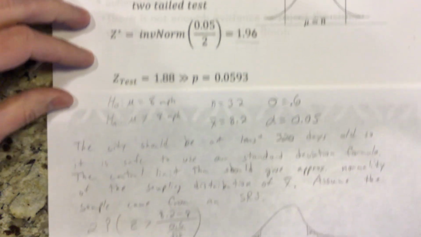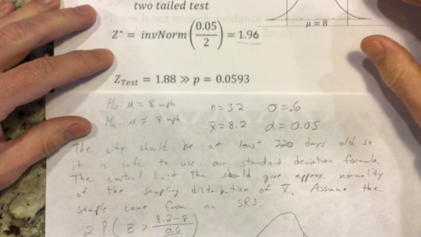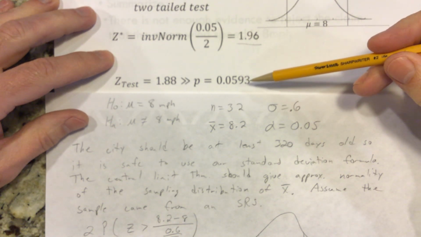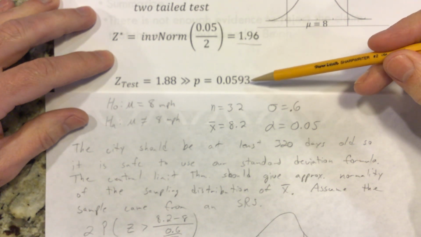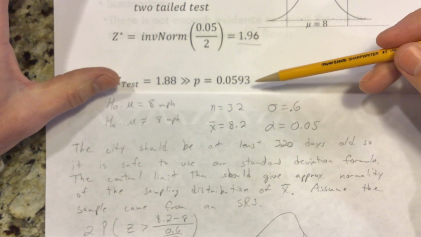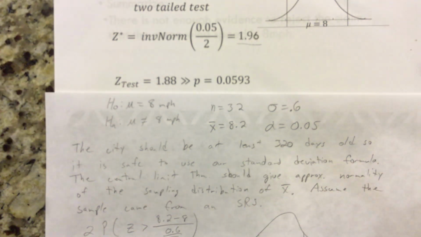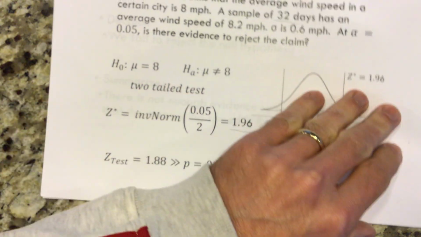We got a z-score of 1.88. So we were close. We were really close, but we didn't get far enough away from the 8 to say at a 5% significance level that we could reject, okay? And this is actually something we're gonna talk about a lot today. Getting close, but not being able to reject. What does that mean? So anyway, our conclusion.